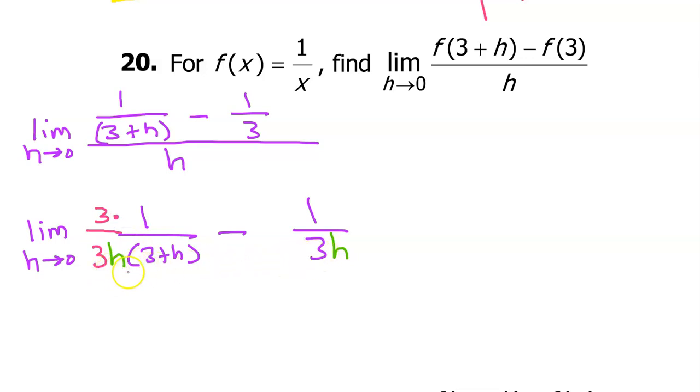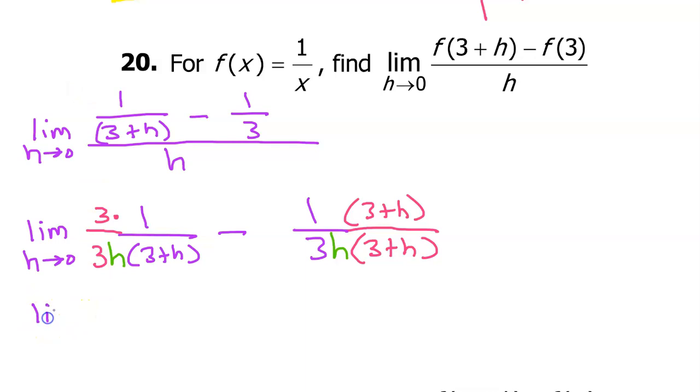Now both denominators have 3h. But the first denominator also has a 3 plus h factor. So that means the other denominator is going to need a 3 plus h, and you really have to do 3 plus h over 3 plus h so that you're only multiplying by 1 and not changing the value of the problem. Now I have like denominators, so I can definitely go ahead and combine these.